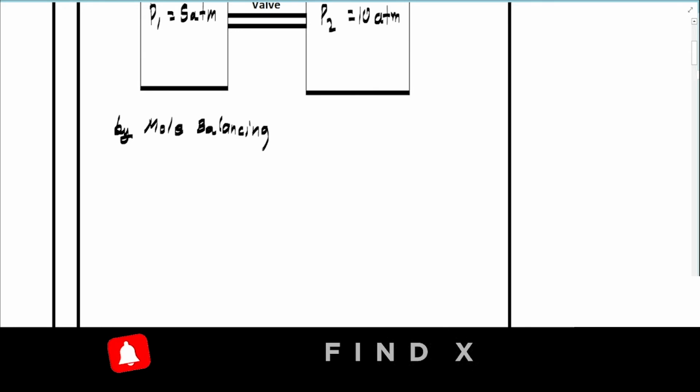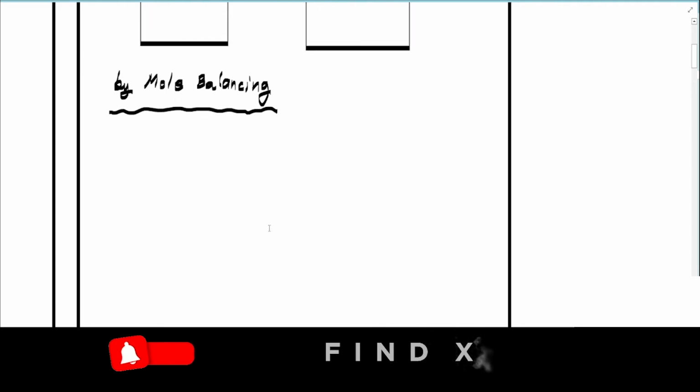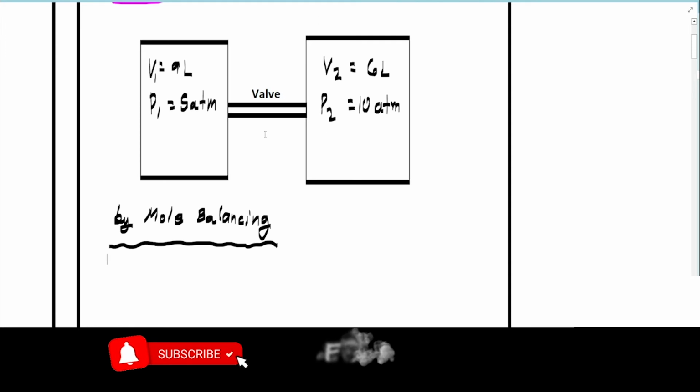Now we will be using what we call mole balancing, because whatever gas is inside, they will be combined. Okay, of course the number of moles will be added. The number of moles in the two tanks will be additive.